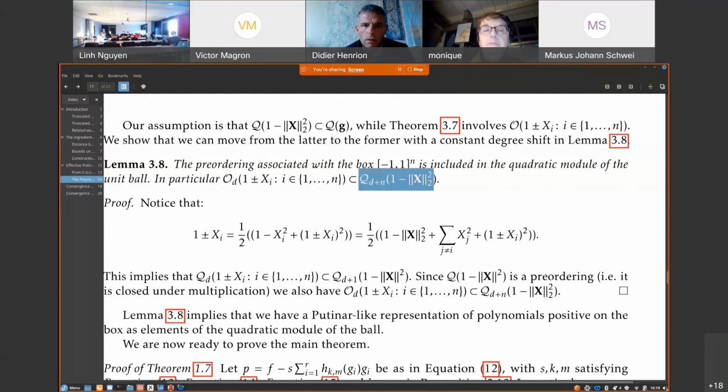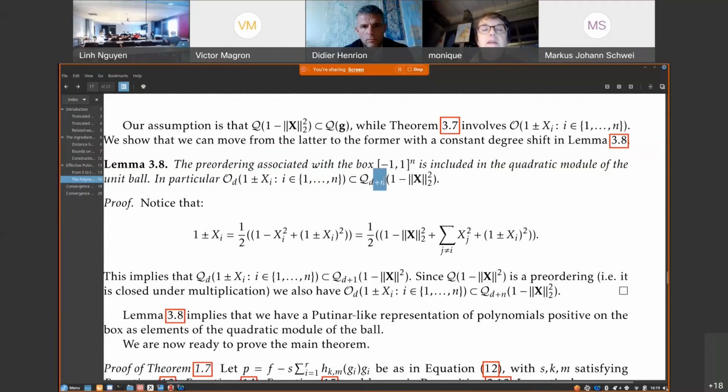This is the degree D preordering, the level D, and this is level D plus N. So essentially, in order to have this inclusion, the only thing that changes is plus N. If you have the quadratic module here instead of the preordering, you just say one N here, but this doesn't change the asymptotic behavior.